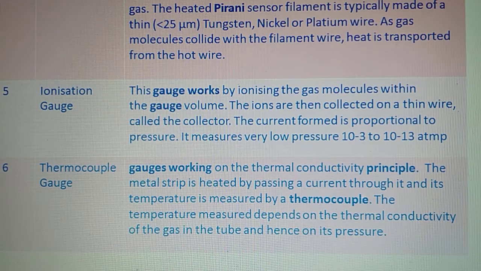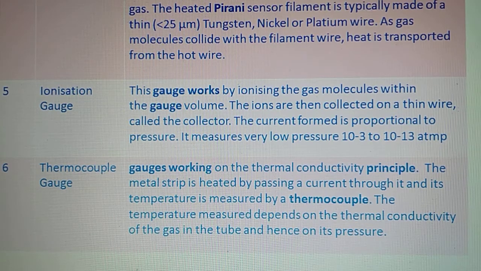The next example of the pressure sensor is the ionization gauge, and this ionization gauge works by ionizing the gas molecules within the gauge volume. The ions are then collected on a thin wire called the collector.